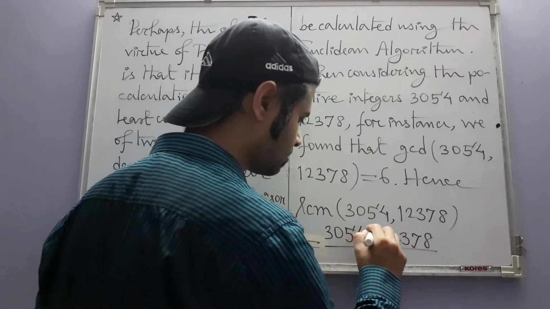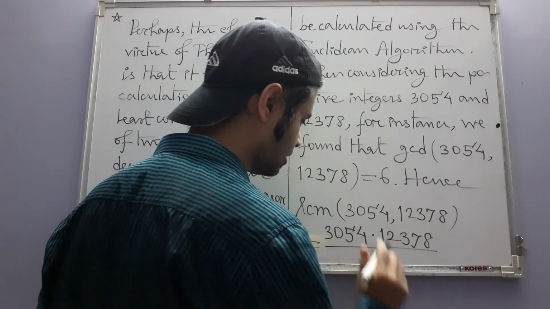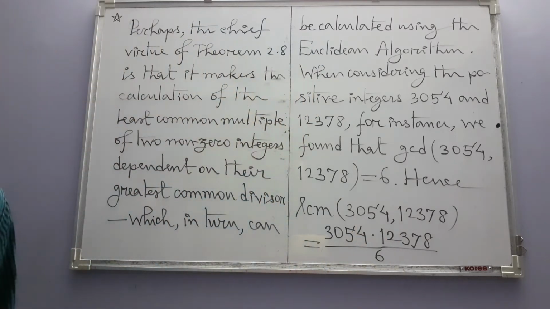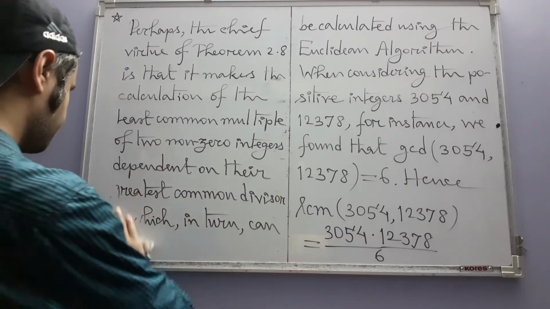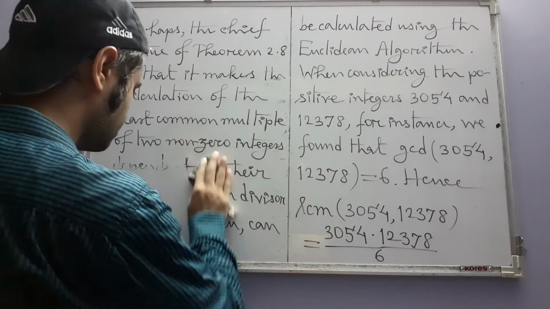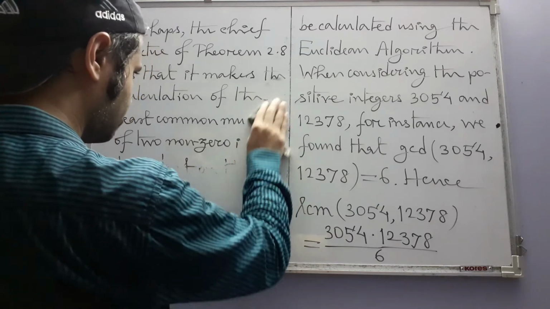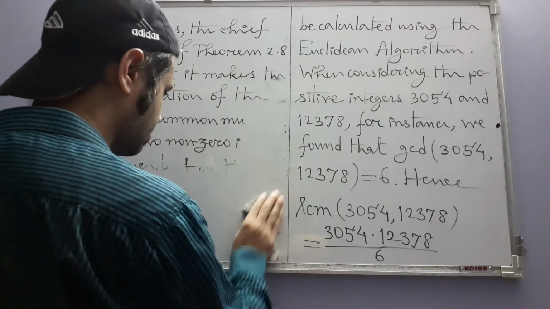Here we mean multiplication, so we put it in the middle, and this turns out to be equal to this value, so that value will be the LCM.